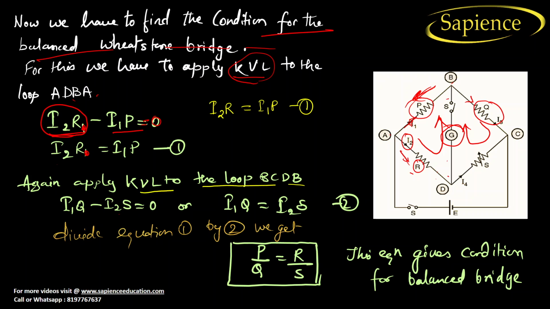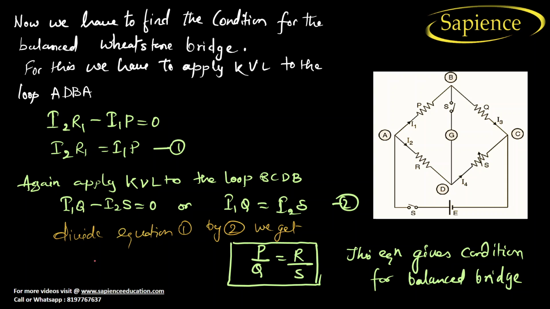One thing you need to notice here: if this is your I1, this is I2, then this will also be I1, and this will also be current I2.